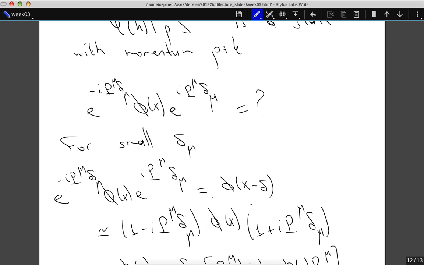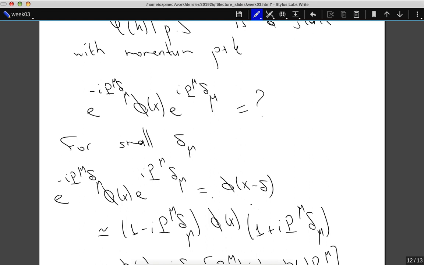P mu is written in terms of quantum fields. Now you can also write it as a derivative. Can we say the P mu is the generator of the translational symmetry? Well, that's what we say.